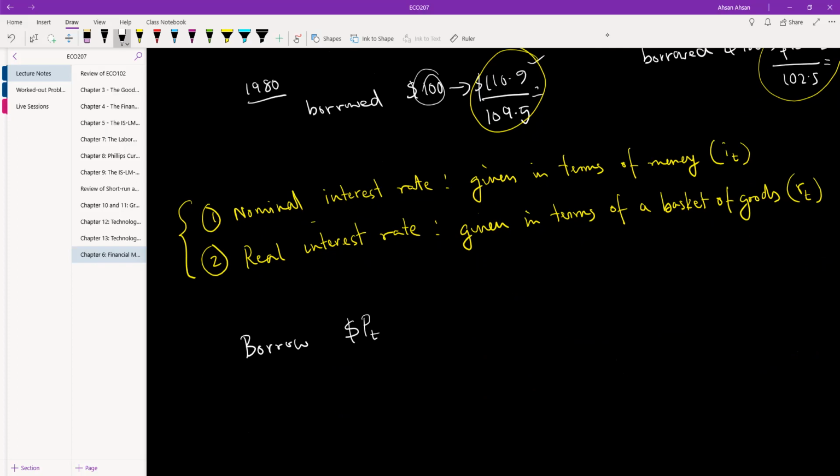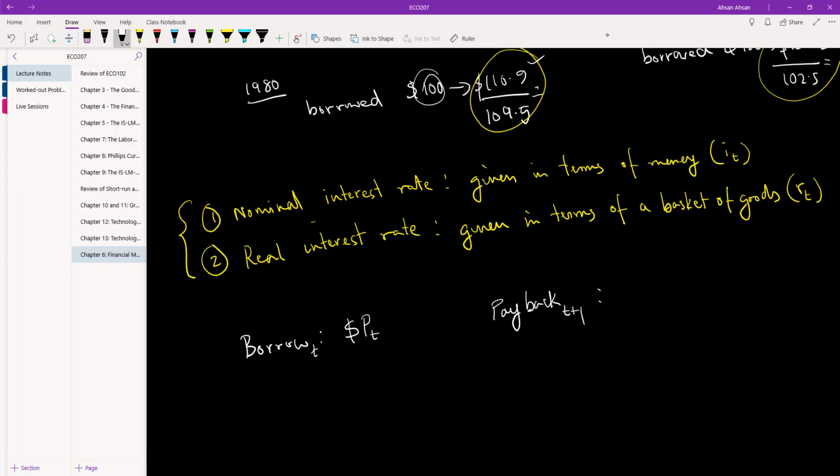So you want to buy this thing. In the book, the example is a loaf of bread. So you want to buy bread, then you're going to borrow the money to buy the bread. And the price of the bread in period T is PT. Okay. Now, if you want to find out how much you have to pay back in the next period, so we're borrowing in period T, so we will be paying back 1 year later, let's say in period T plus 1.